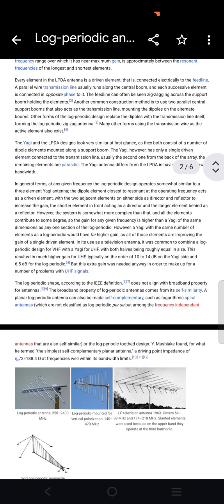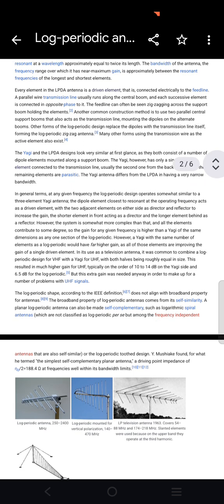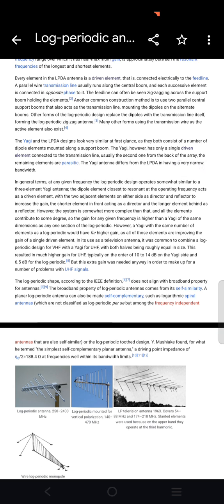In general terms, at any given frequency, the log periodic design operates somewhat similarly to a three-element Yagi antenna. The dipole element closest to resonance at the operating frequency acts as the driven element, with the two adjacent elements on either side acting as director and reflector to increase the gain.